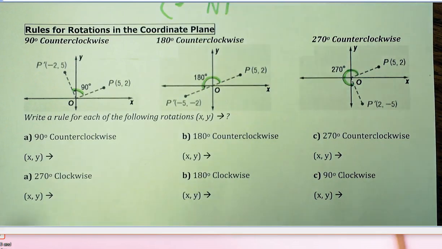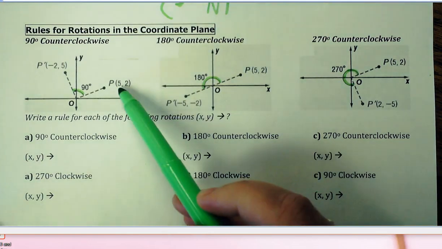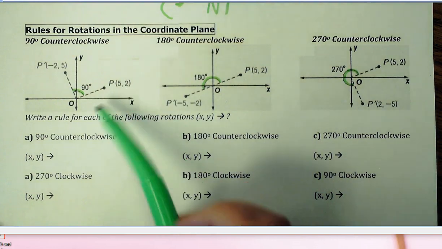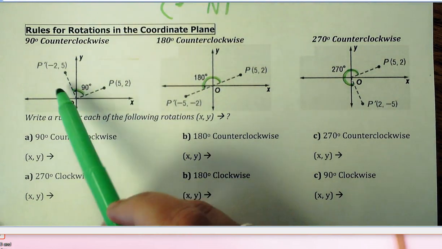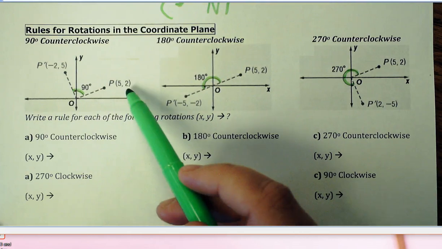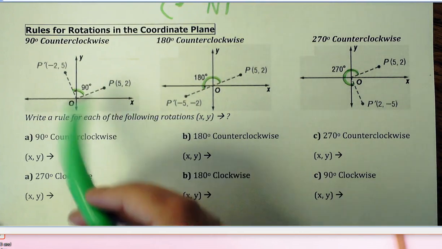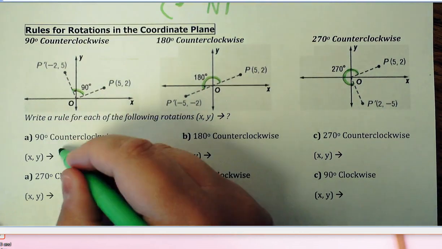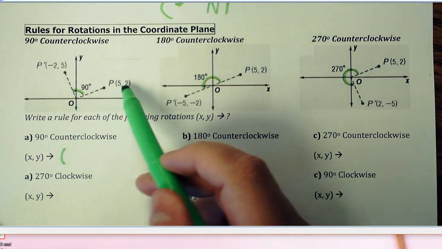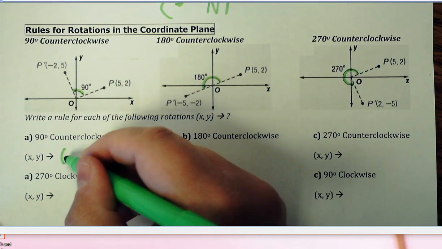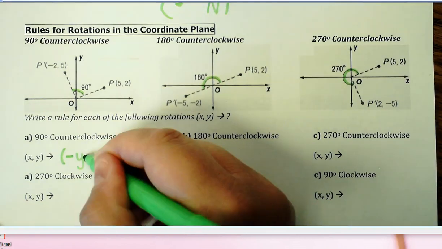Okay, so my original point P here, 5, 2, you can see when I rotate it 90 degrees, the y-coordinate becomes the x-coordinate, and it's the opposite. So this was positive 2, this is negative 2. This is negative y.